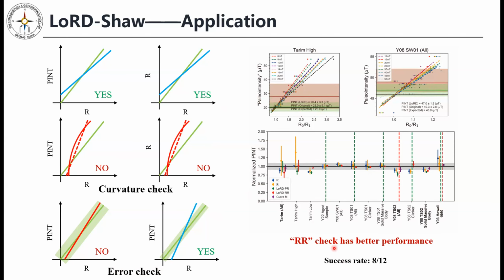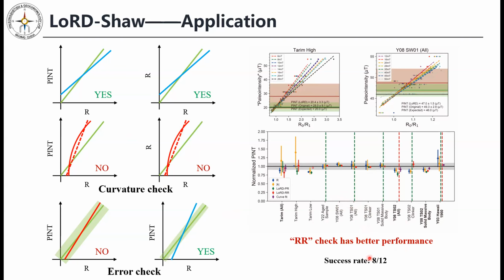And the R versus R check has better performance because it directly examines the curvature in the core premise of the Lowrie-Shaw method.